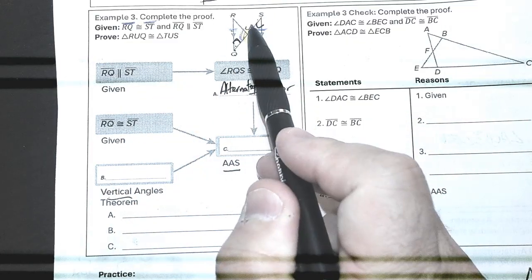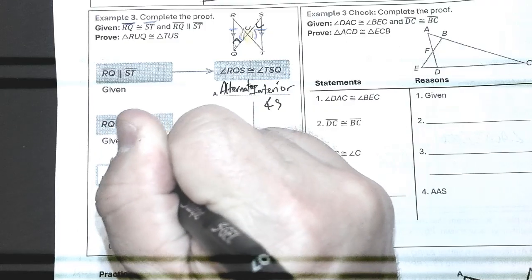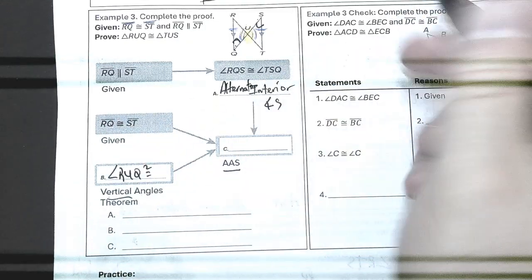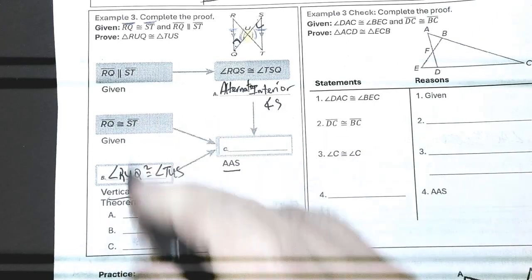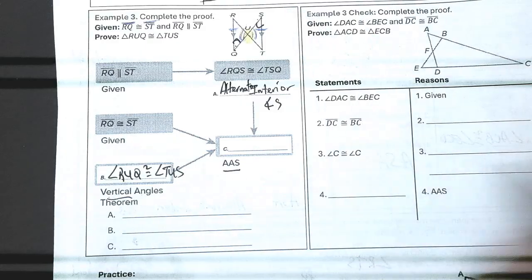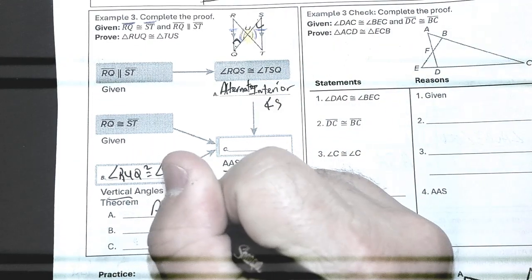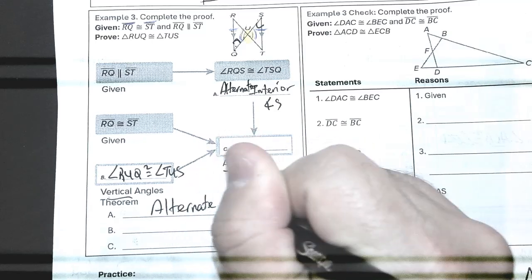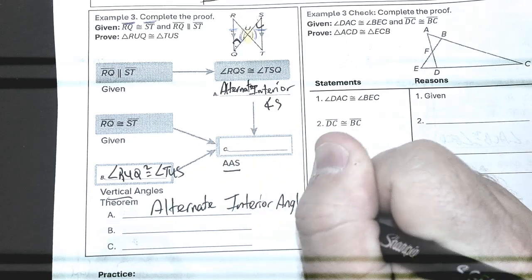So RUQ. And I'm going to write it bigger down here. It's congruent to TUS. Because remember, R and T go together. U's obviously go together. Then that makes Q and S go together. So A is alternate interior angles.